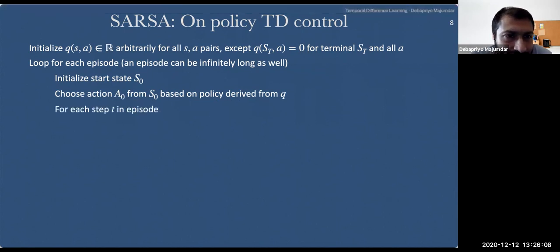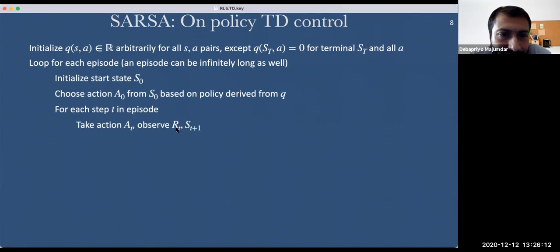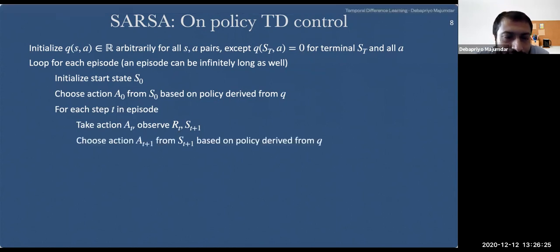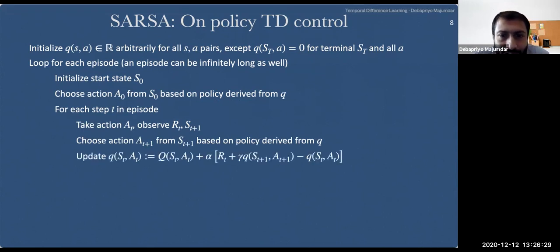For each step t in the episode, you keep taking action and get the reward. Sorry, it should be R_{t+1}. So you get the reward and S_{t+1}, then choose the next action also from the next state, and then you update it.